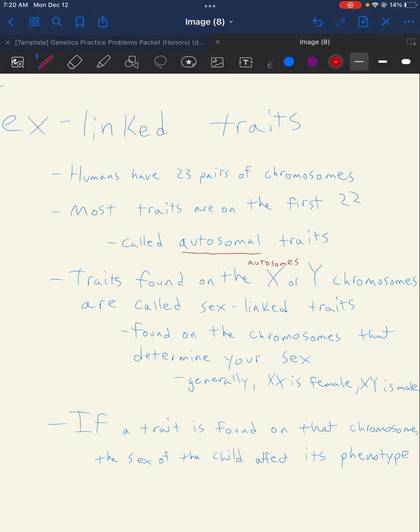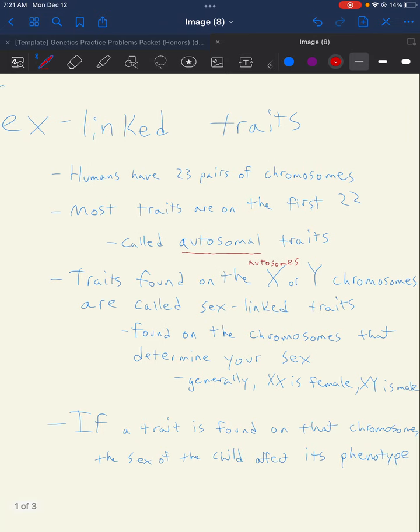Generally, XX is female, XY is male. Although if you get into some genetic diseases, that differs a little bit, such as if you only have a single X chromosome, or if you have two X chromosomes and a Y. But generally, XX will give you female, XY will give you male.